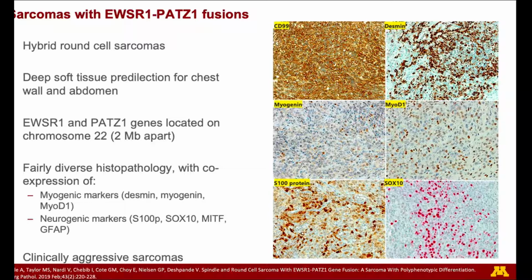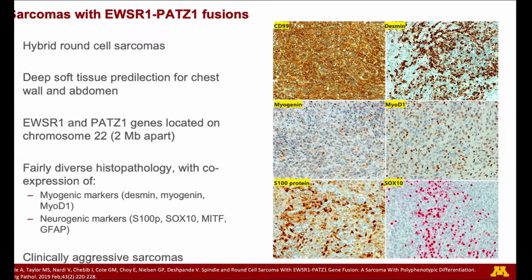Interestingly, both EWSR1 and PATZ1 genes are located on chromosome 22, just 2 megabases apart. The fusion involves a pericentric inversion. They have a fairly diverse histopathologic morphology, like small round and or spindle cells with fibrous stroma.